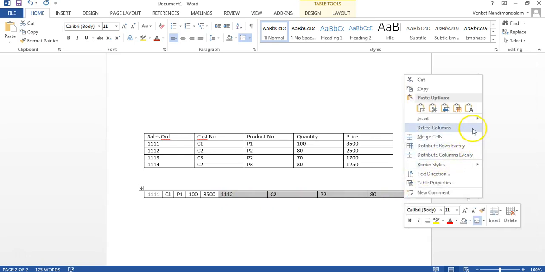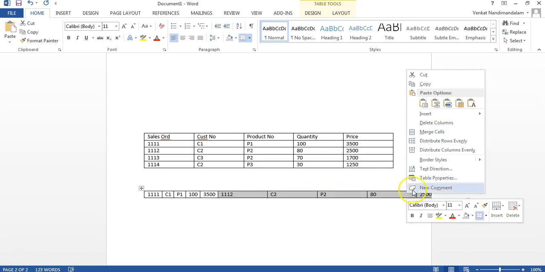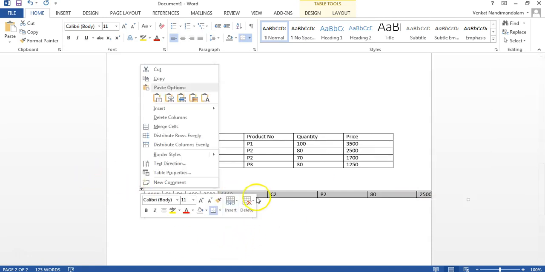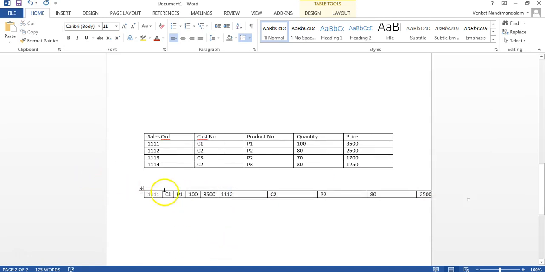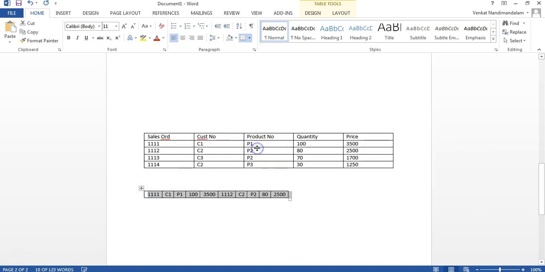let me format this so that you will understand this format properly. Okay, and then you get the fourth row.